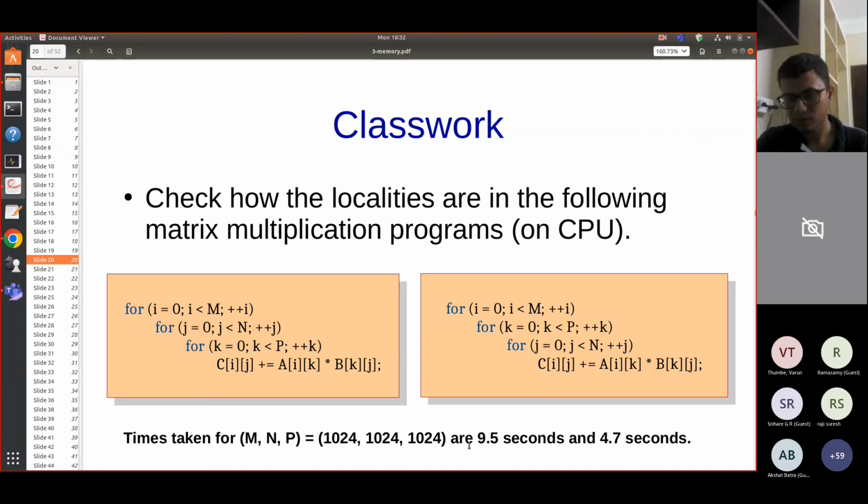The first snippet is taking double the time of the second snippet. But if you change this kj to jk, then performance will be comparable for both. I'm not sure what the exact number will be, but I think the performance will be almost similar for both programs, because in that case all three are being accessed in row major order.